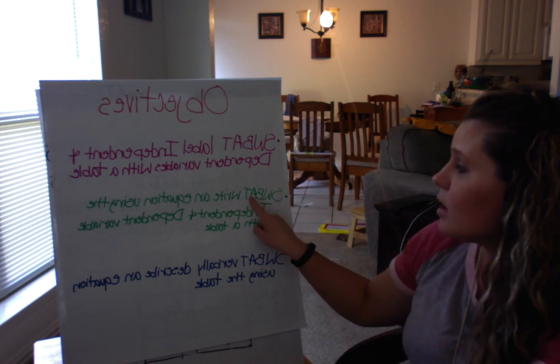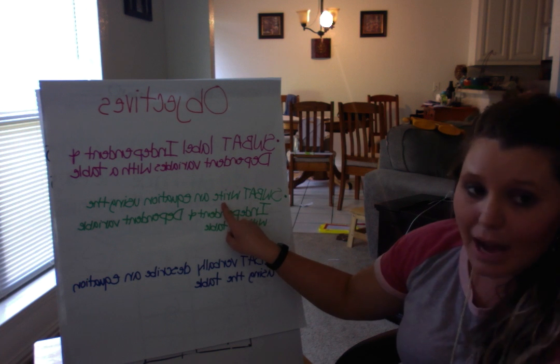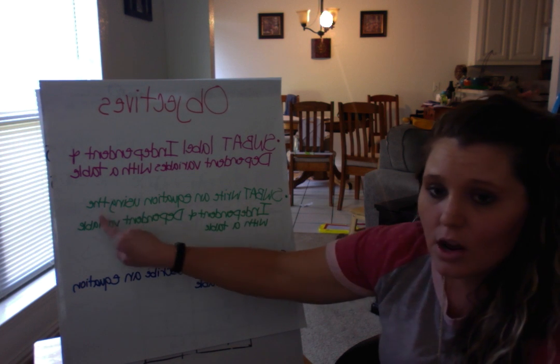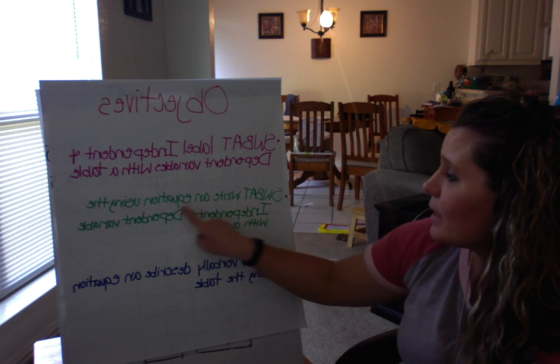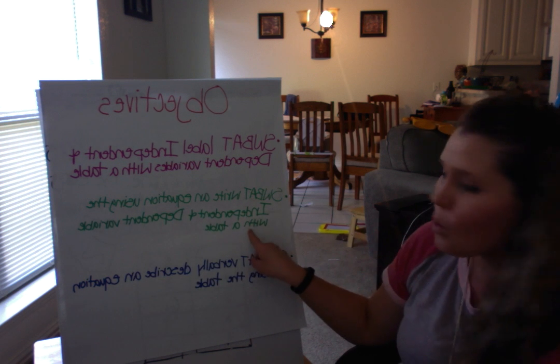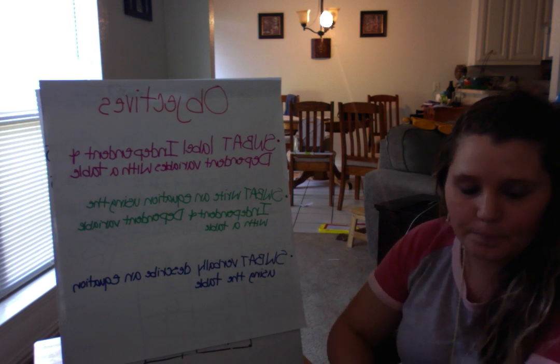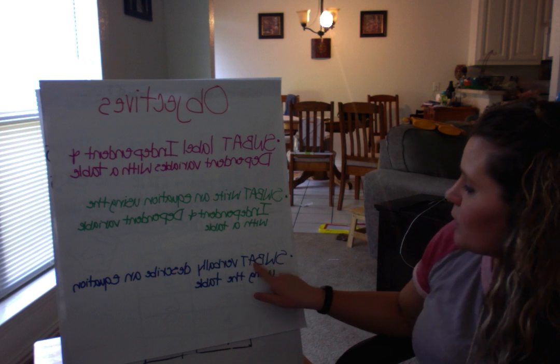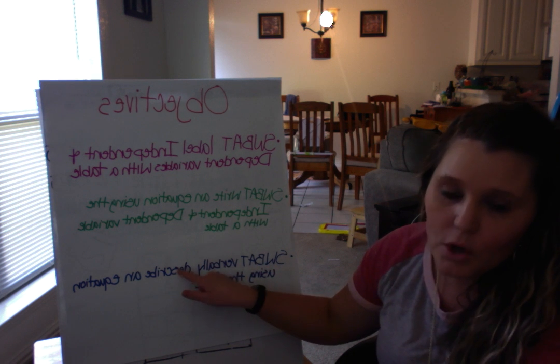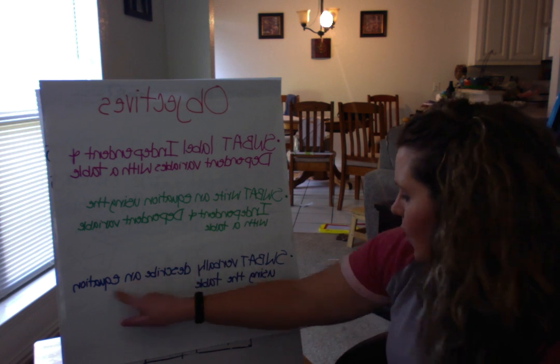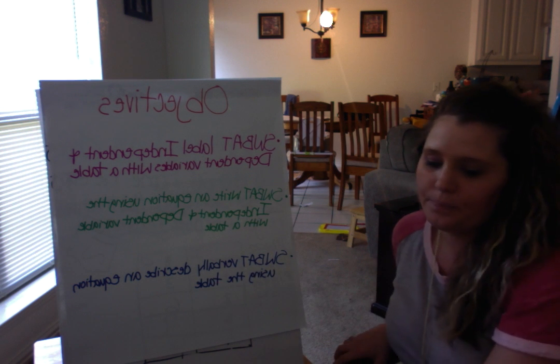Students will also be able to write an equation using the independent and dependent variables with a table. And lastly, students will be able to verbally describe or say an equation using the table.